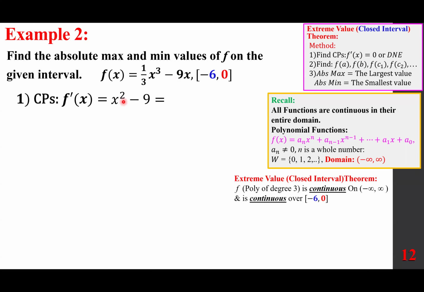Set it equal to 0. Obviously it's a squared minus b squared, so you factor it: x plus 3, x minus 3. When we set this equal to 0, x becomes either -3 or +3.